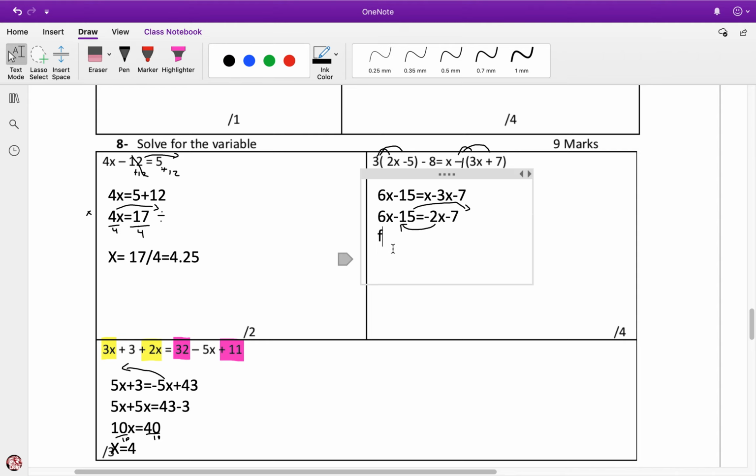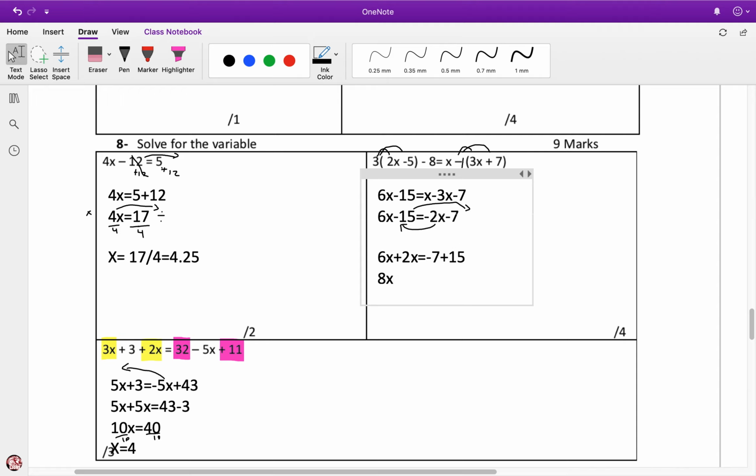So I already have the 6x over here, and the negative 2 is coming over, so it's going to become positive, equals, oh, I forgot, no I didn't, negative 7 is already over here, and we're going to add 15. Since it was negative on that side, it becomes positive, I knew I forgot something.